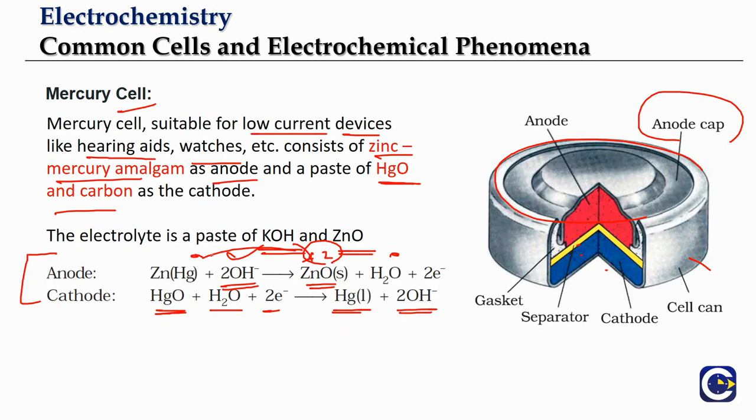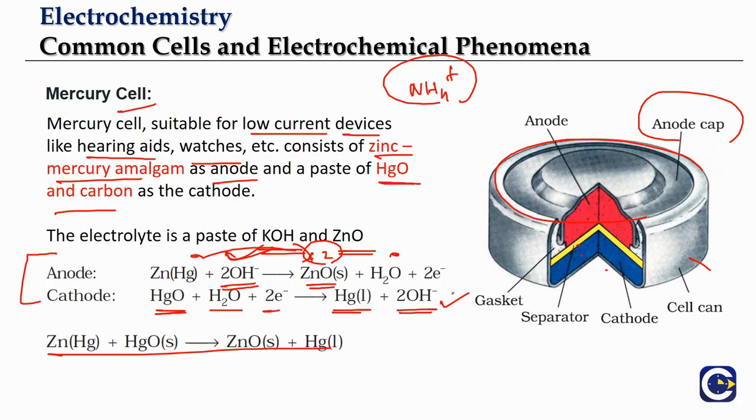So whatever the 2 OH minus ions taken for the reaction at the anode, the same 2 OH minus ions are given for the reaction at the cathode. As a result, if you look at the overall cell reaction, we'll see that the electrolyte does not feature. If you look at the previous one, the overall cell reaction, the electrolyte does feature, because NH4+ ions are coming from the electrolyte. But in this, the overall cell reaction, potassium hydroxide does not feature.